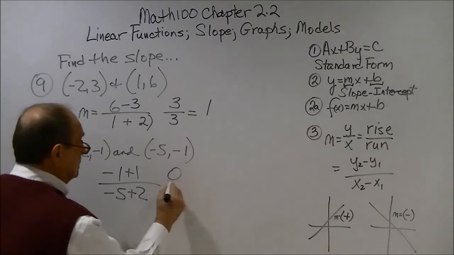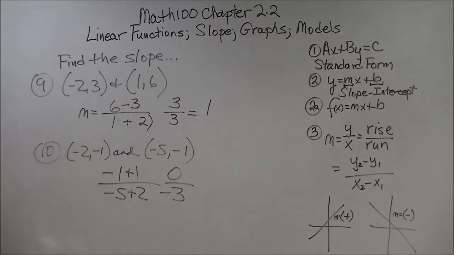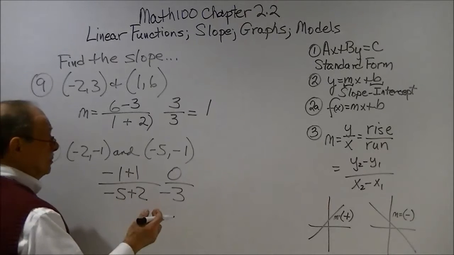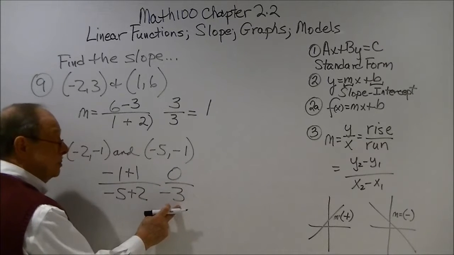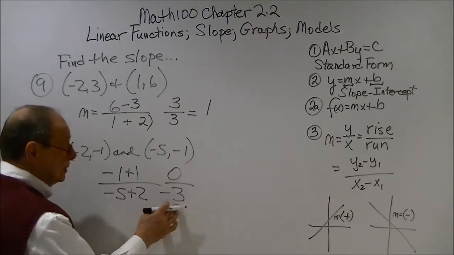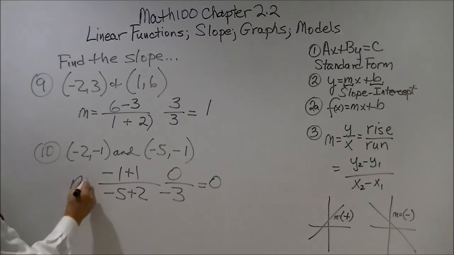And this becomes 0 over a -3. Well, we had said from chapter 1 that 0 divided by any number other than 0 is 0. So here, the slope for that one is 0.